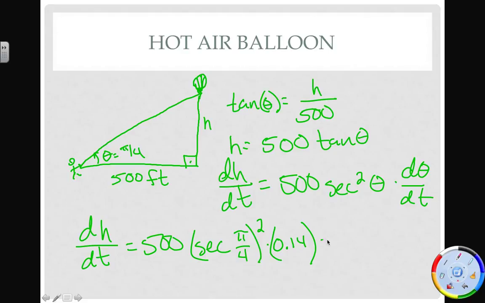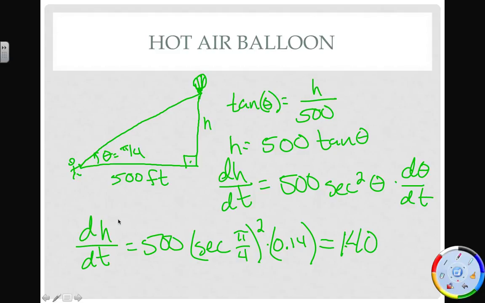And if we plug this into our calculator, secant of pi fourths is root 2, so if we square that, we get 2. So 500 times 2 times 0.14 is 140. But what is that?